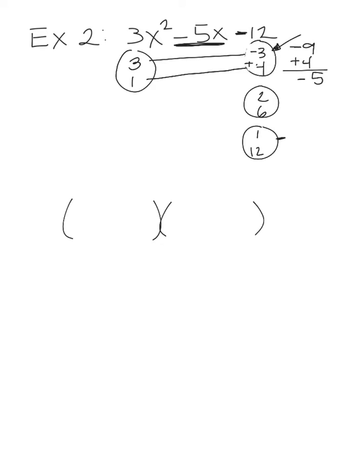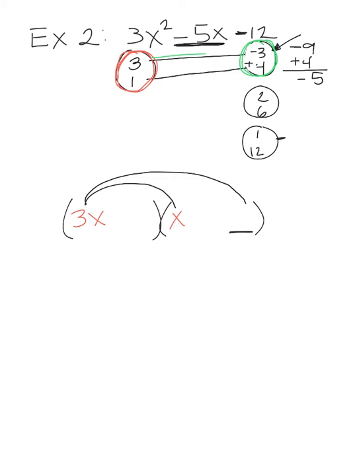Now, the process is these numbers go in the front of the parentheses. It's 3x times 1x, I'm just going to write that as an x. And these are the numbers that go in the back of the parentheses. Remember, the only number that 3x gets to distribute to is the x, and it also gets to distribute to the number in the back of the parentheses.